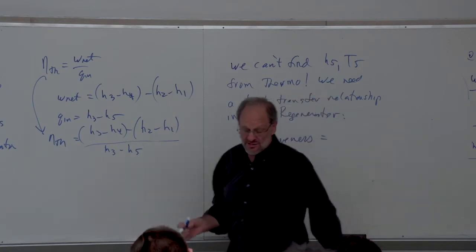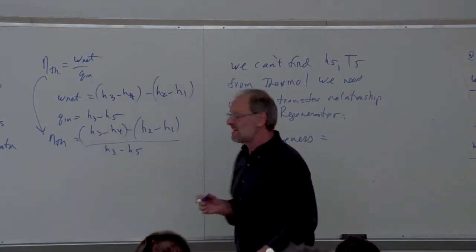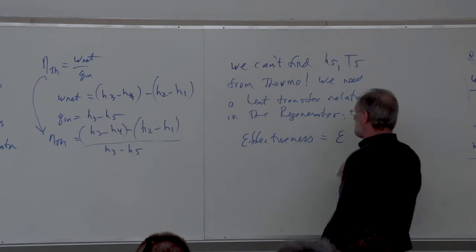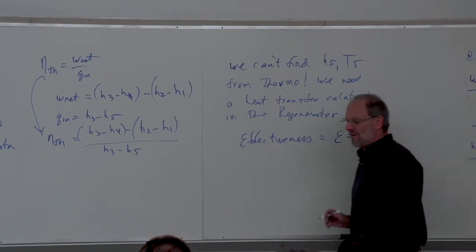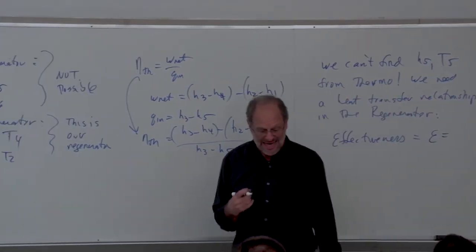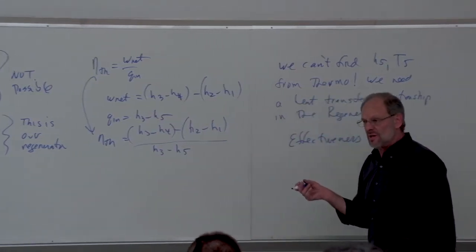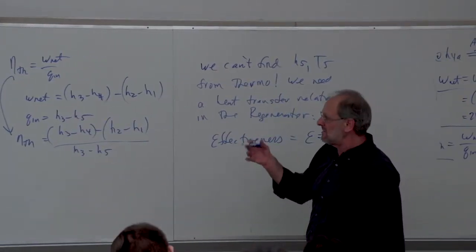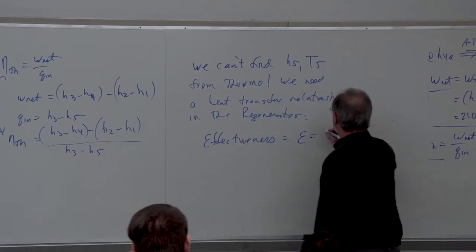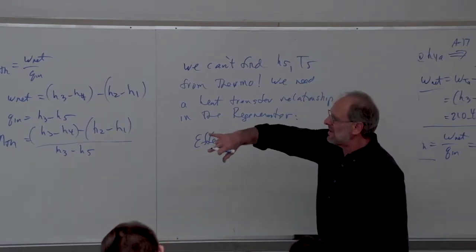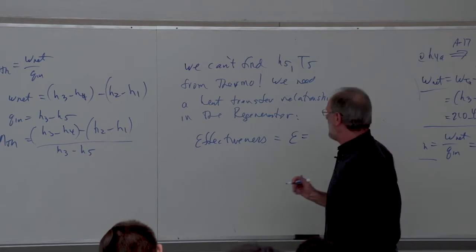And the effectiveness is just given as the Greek letter epsilon. Okay. And it's simply defined as the actual heat input to the air in the regenerator divided by the maximum possible heat input to the air in the regenerator. And when I say air, I'm talking about the air moving from point 2 to point 5.